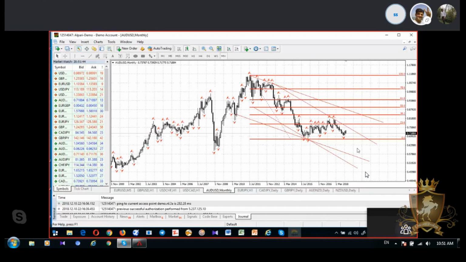Find the 50% Fibonacci, draw a line on it, so look at the 50% Fibonacci. You have a pivot. You have two lows, and there's a pivot as a high.